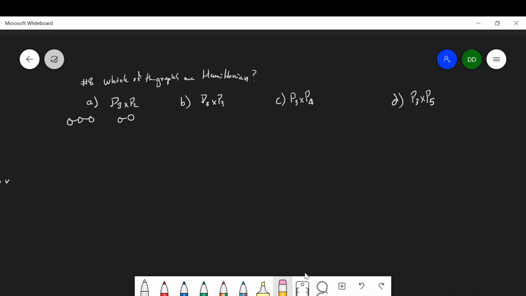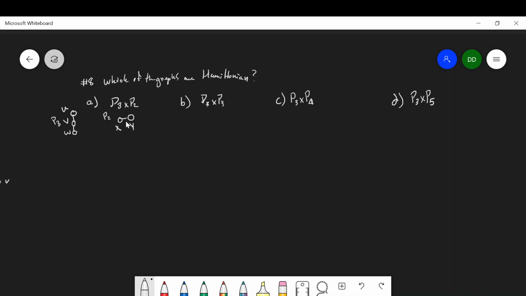Actually, I'm going to draw P3 vertically because it's going to make it look nicer. It doesn't matter how you draw it, of course, but just for illustration purposes. So here's P3, path on 3 vertices. Here's path on 2 vertices. Then for the product, I'm going to give names to these: U, V, and W, and let's call these X and Y.